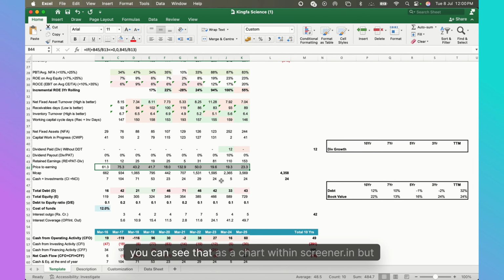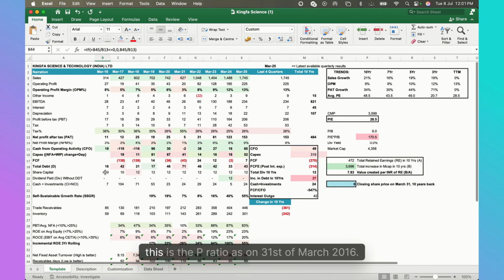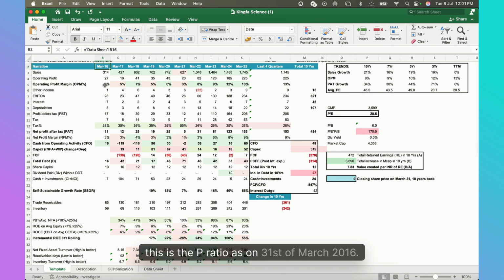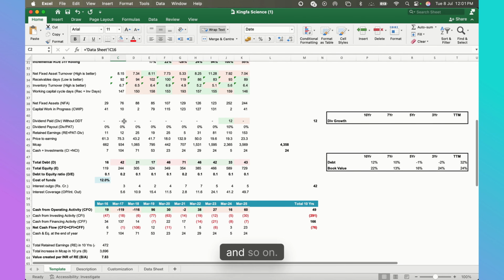You can see that as a chart within screener.in, but here it's more numerical, which is quite beneficial. So the 61.3 that you see here, this is the P/E ratio as on 31st of March 2016. Similarly, you have something for March of 2017, 18, 19, 20, and so on.